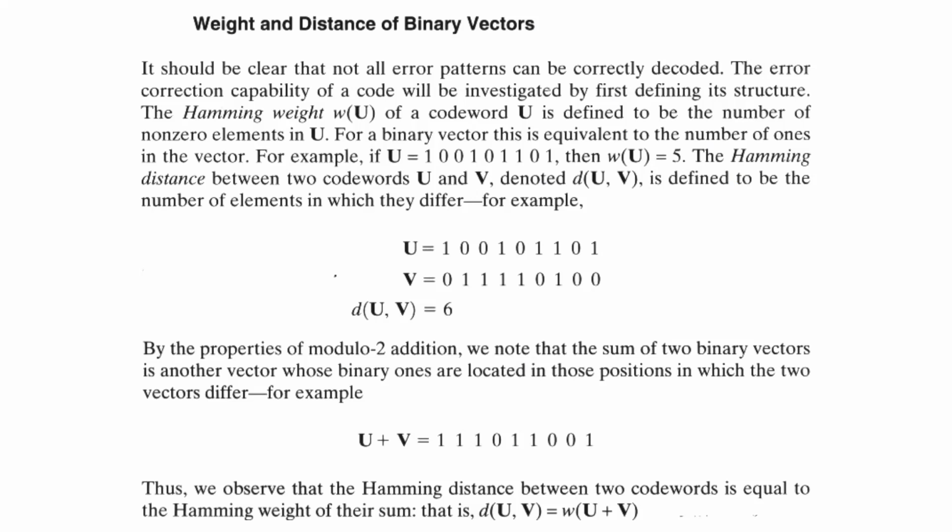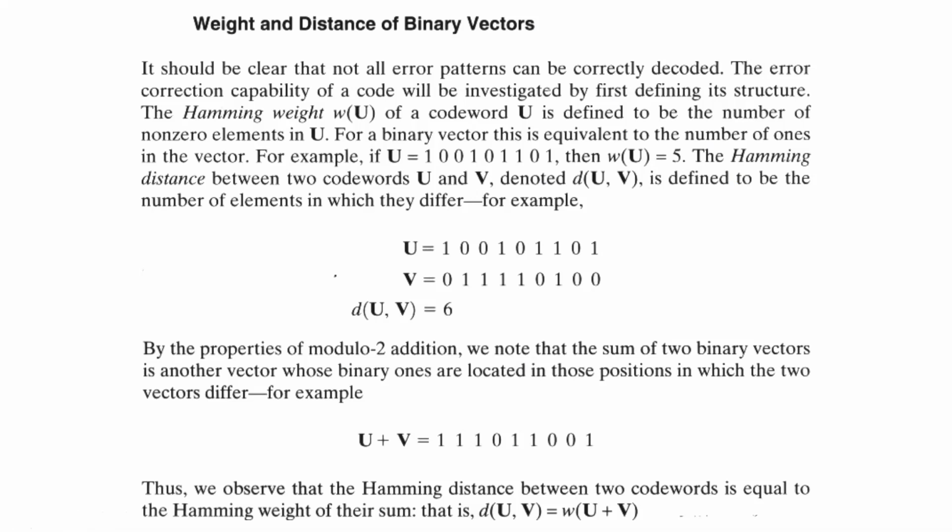But one simple method is there. You find out the weight of each code word, right? So minimum weight is actually minimum distance. The background behind that is that if you add two code words, then the resultant will also be a code word in the same code book.